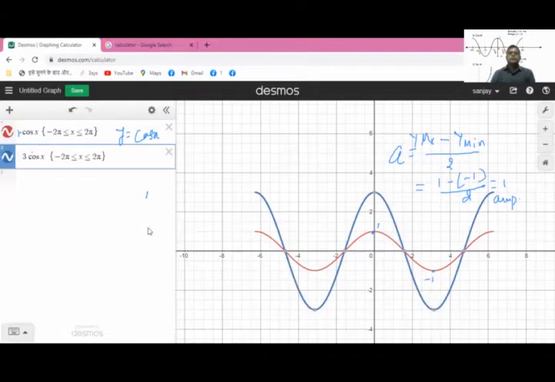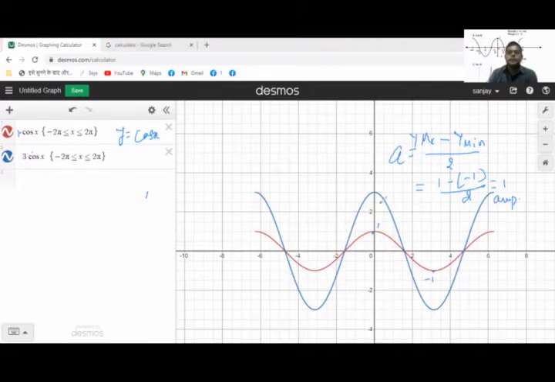Now let's see if the amplitude is 3, because the coefficient of the given periodic function is actually the amplitude. From this equation, you can see that the amplitude is 3, and you can also see the same on the graph. Here, the maximum value, can you guess it now?